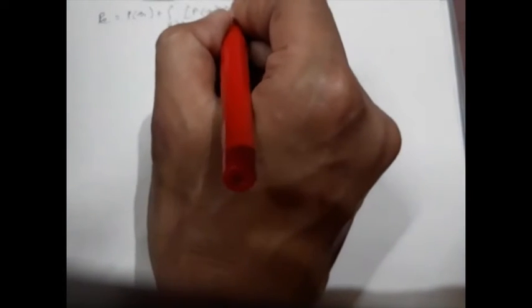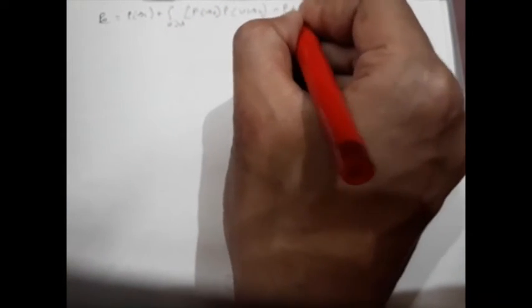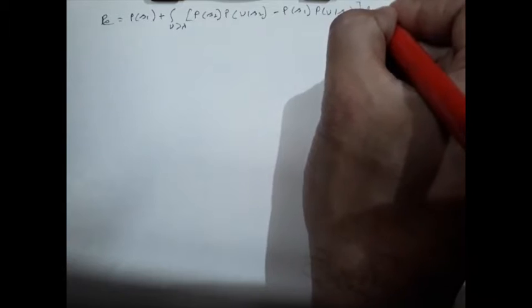That can be rewritten as P(E) equal to P(S1) plus the integral over V greater than lambda of [P(S2) P(V|S2) minus P(S1) P(V|S1)] dV.